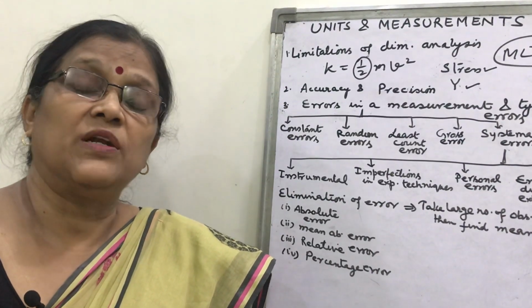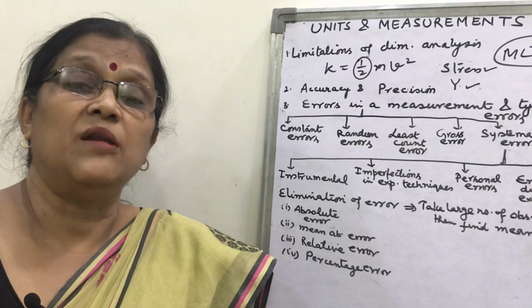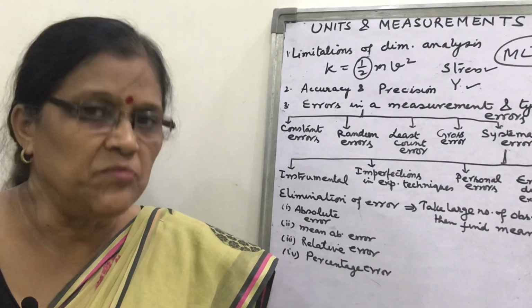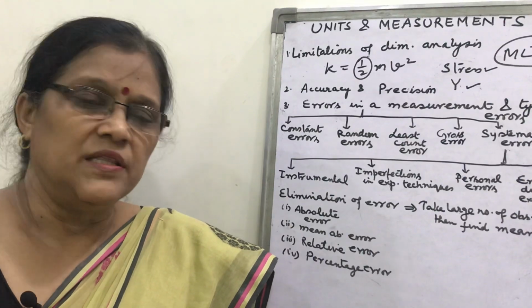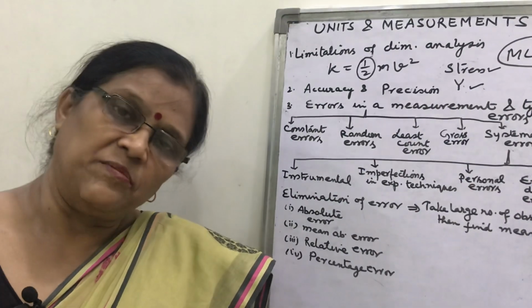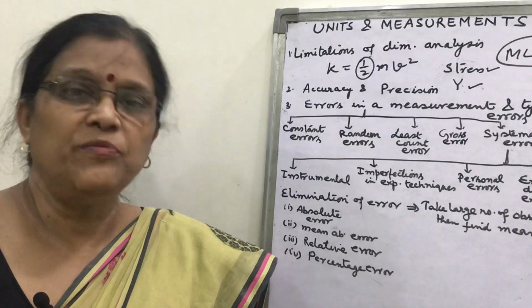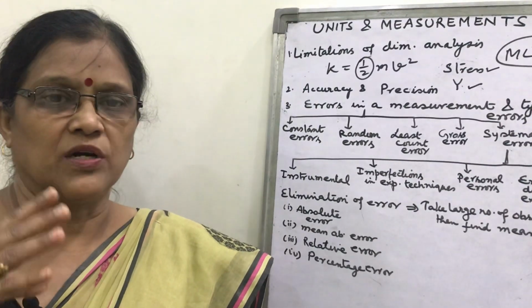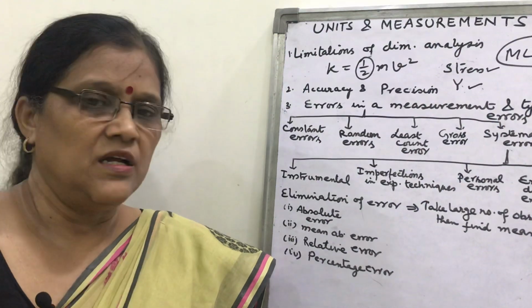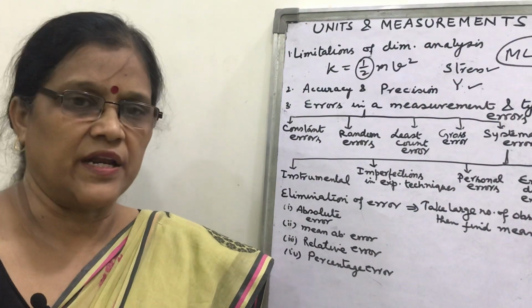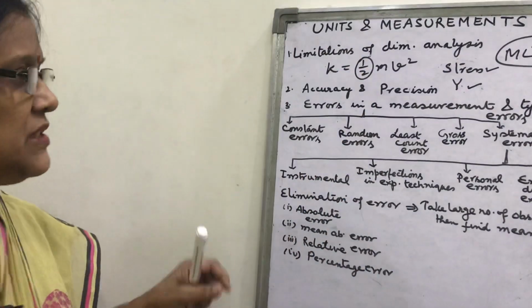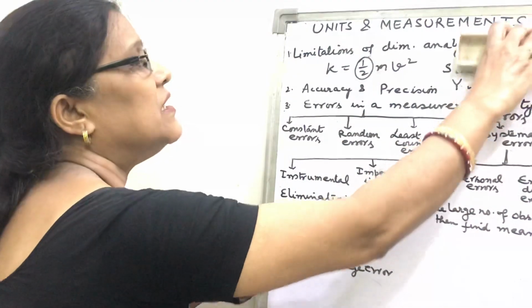The exact equation is, for example, T equal to 2 pi under root L by g. But if you have derived T equal to some constant under root L by g, then it is not exact, but it is dimensionally correct. And if an equation is dimensionally incorrect, then it is totally wrong. It is neither exact nor dimensionally correct. So these are some limitations of dimensional analysis.